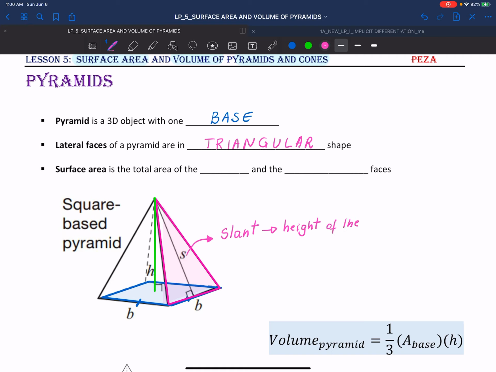So let's write this down here. The surface area of the pyramid is the total area of the base and the triangular faces or the lateral faces.